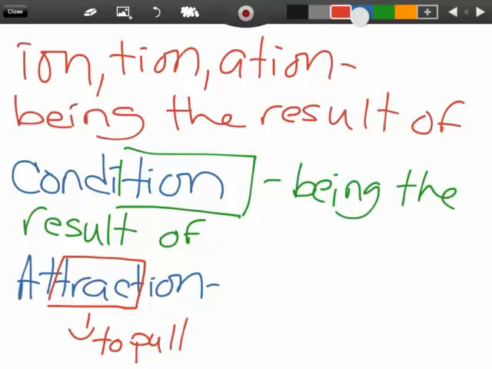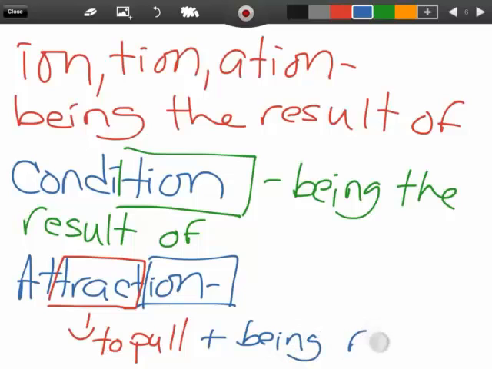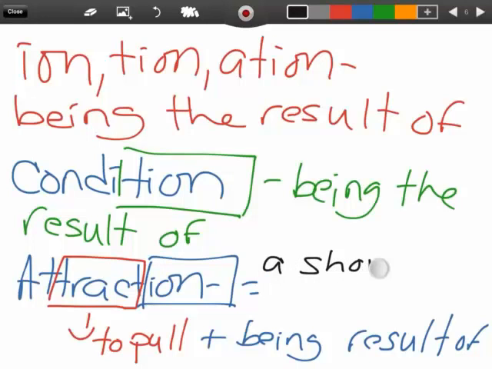And when we combine ion here with this, being result of, it means a show.